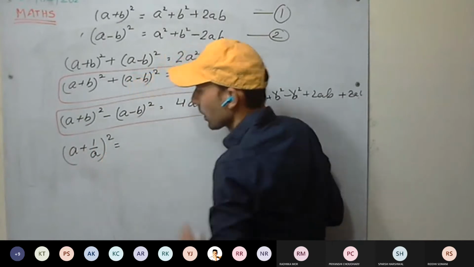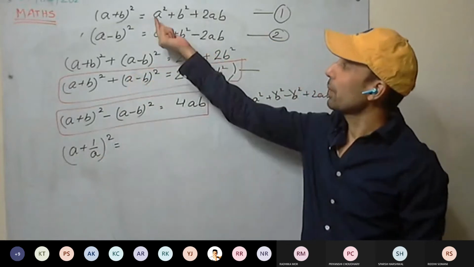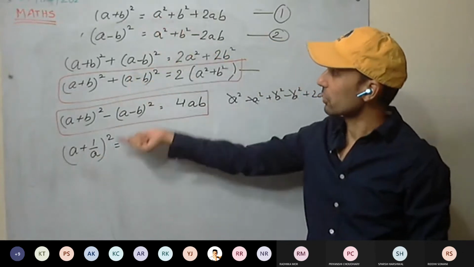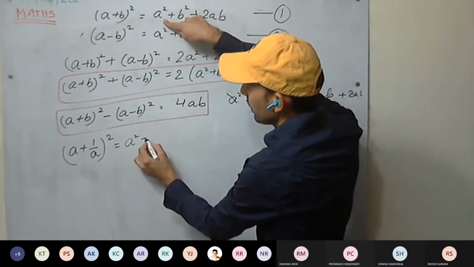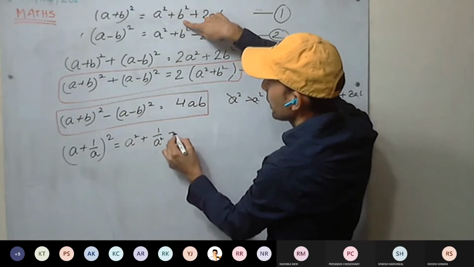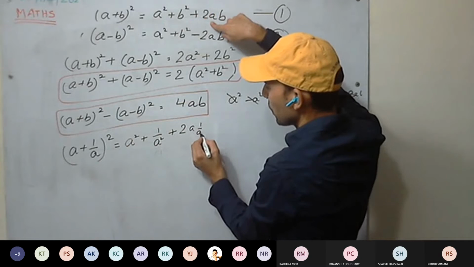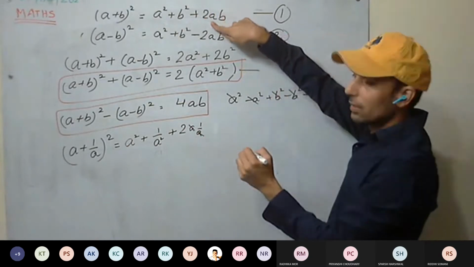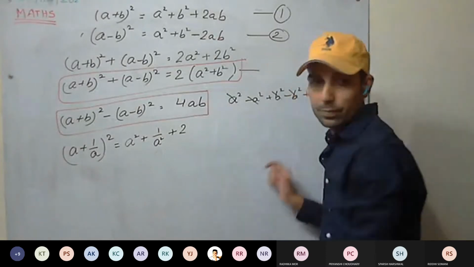See here, this as well you don't have to remember. If you remember the first identity, you can easily derive this one. So a square, b is how much? 1 upon a. So 1 upon a square plus 2ab, 2 into a into 1 upon a. They get cancelled. How much are you getting? Plus 2.